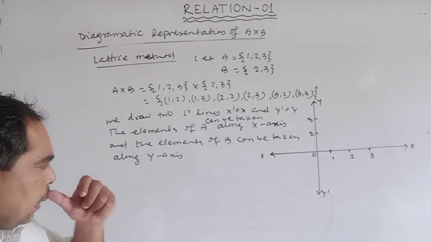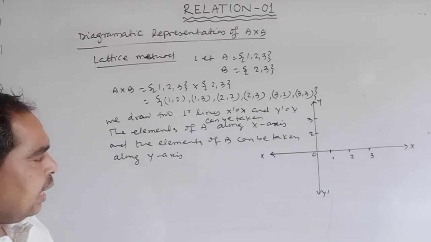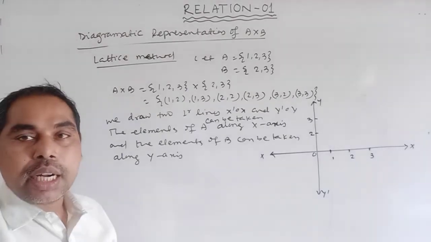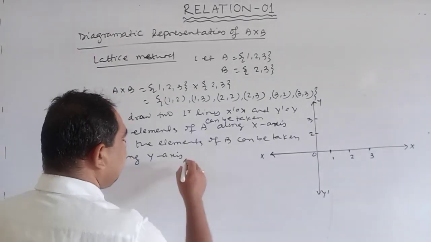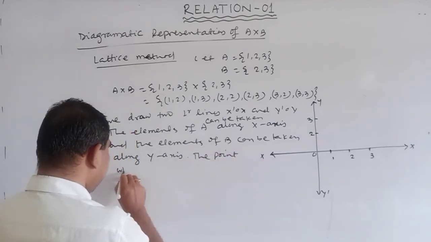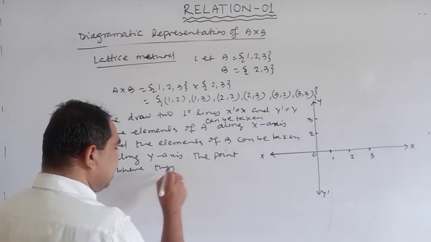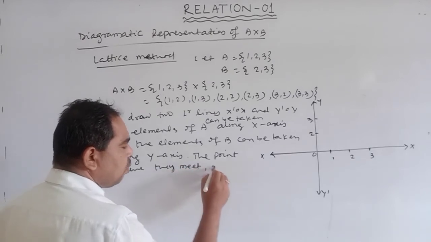Next, the dots: each dot is an ordered pair. The point where they meet represents an ordered pair.